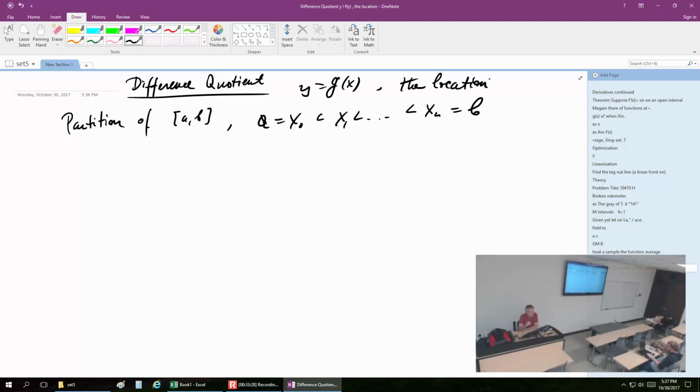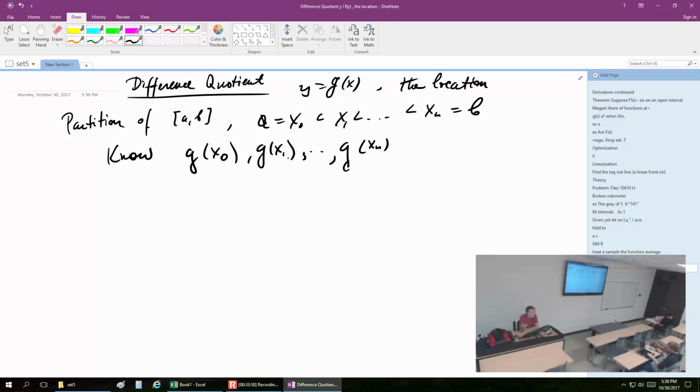Okay, so the values that we know are evaluated at these moments in time. So we know g of x naught, g of x1, up to g of xn. In other words, at the beginning of each of these time intervals we look at milestones, to know where we are.